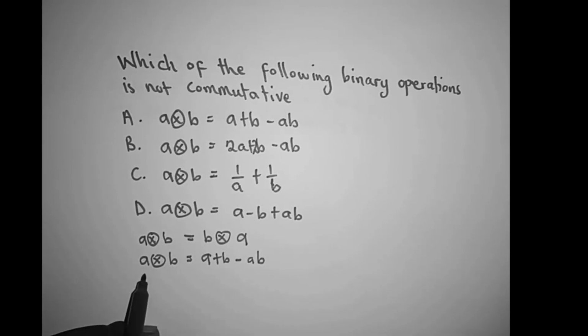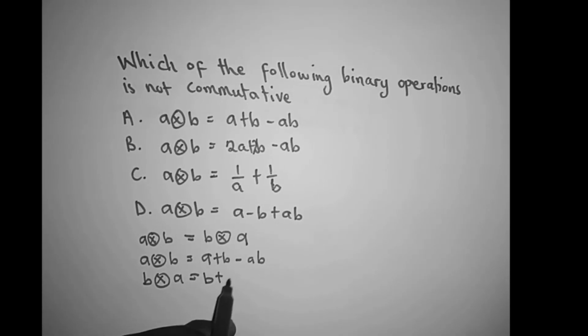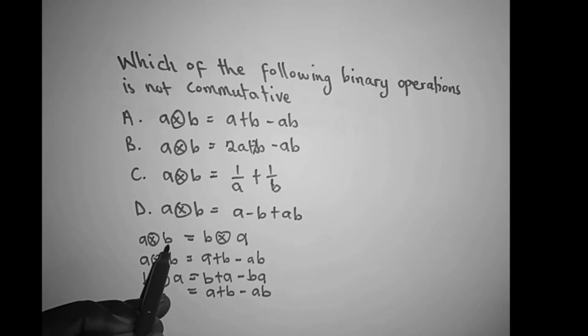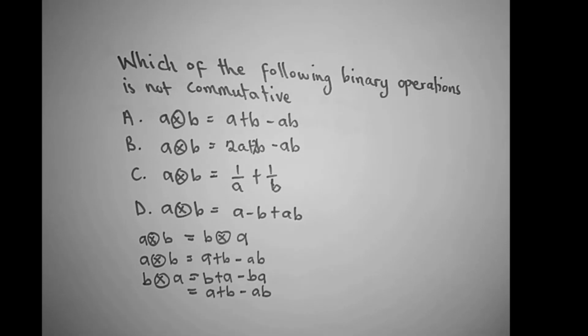What is B operation A? It's equal to B plus A minus BA. If we arrange, it's going to be A plus B minus AB, which is the same as the first. So therefore, A is commutative.